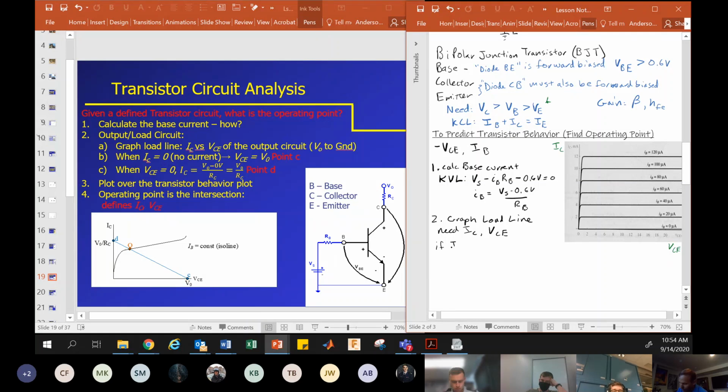So if IC equals 0, that means no current is flowing. When IC is 0, the voltage drop across the transistor, so VCE, has to equal V naught, which is this voltage up here.